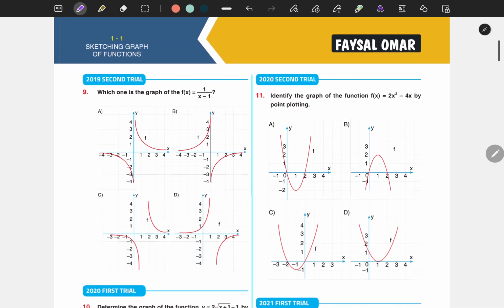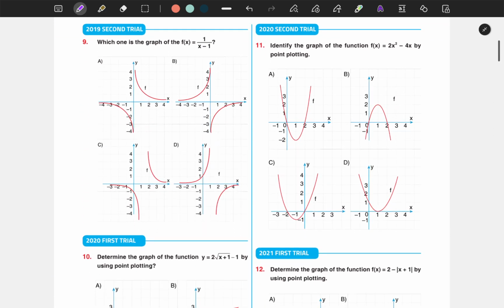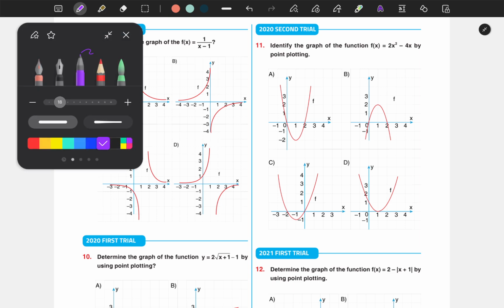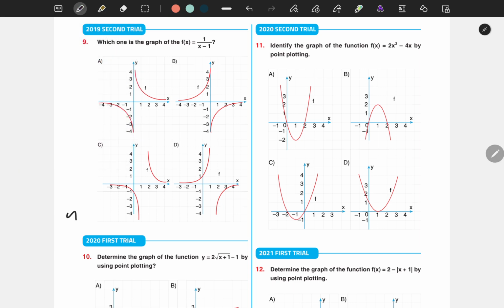I have scrolled down to come to what? This is the graph of the rational function. Let me select a different color. Guys, first of all, here, what makes the denominator 0? 1, isn't it? It means that 1 is my border. My what border? Vertical border. Vertical line.